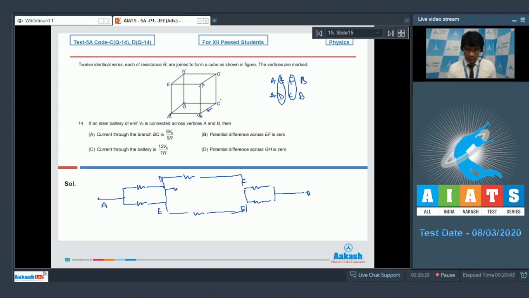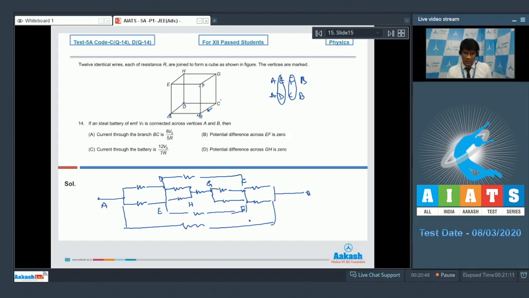This is D, H, and this is H. Then H to G, this is G, and from G to C and G to F. These two points are F and C. And one more connection is from A to B. Okay, this is the simplified circuit diagram for the above arrangement.